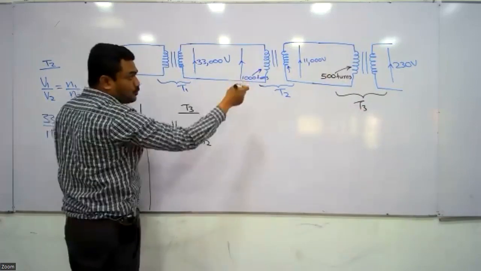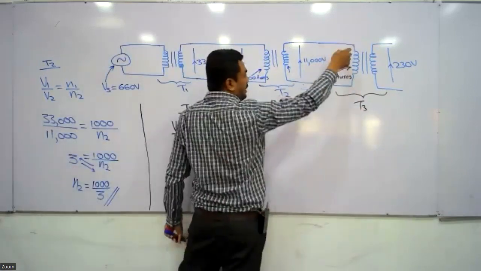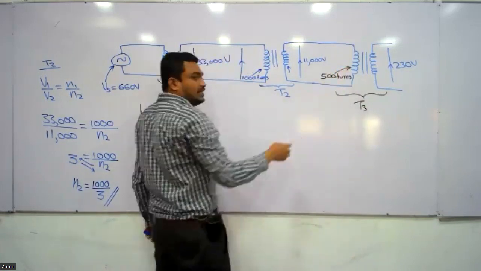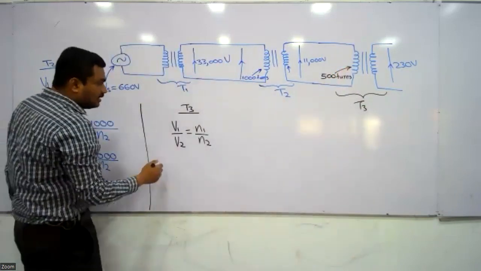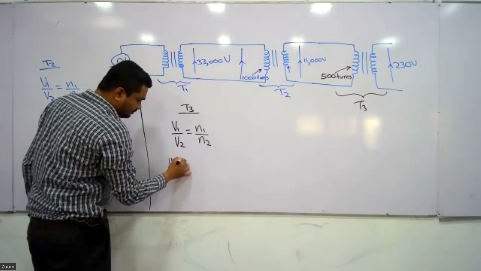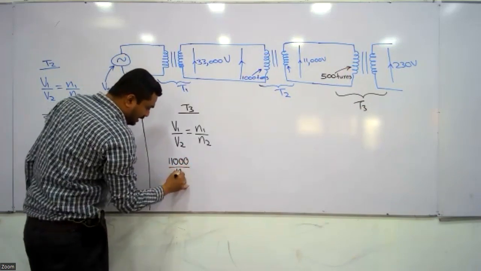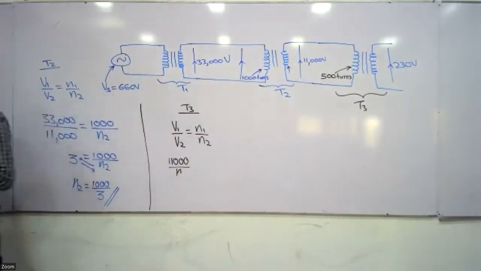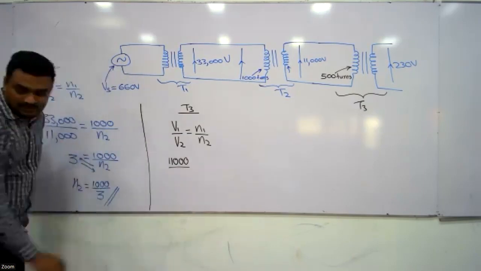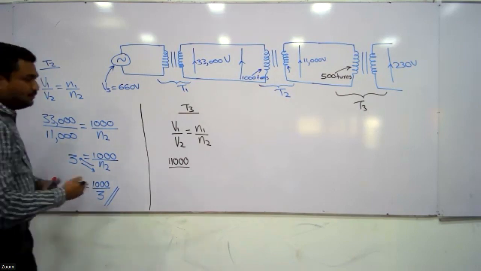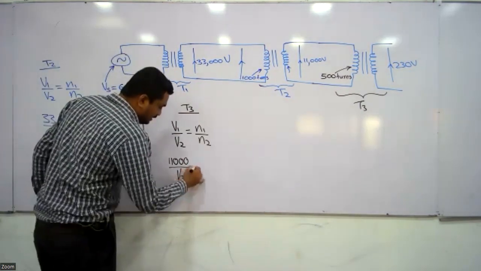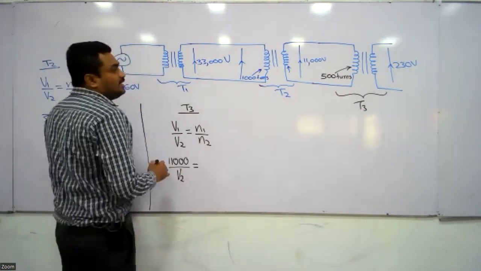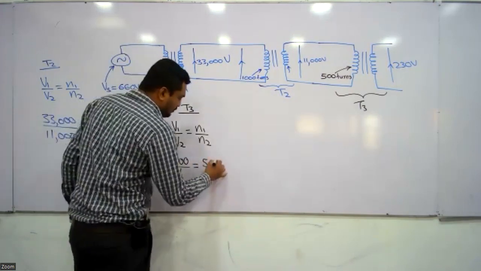So the voltage across the primary coil of the T3 transformer is 11,000, divided by V2, equals N1, which is 500.